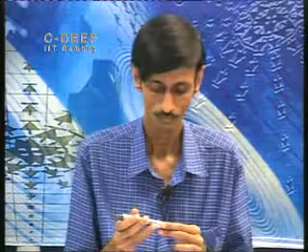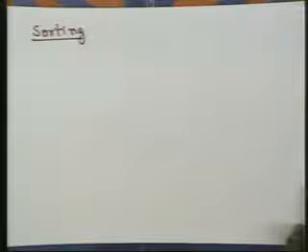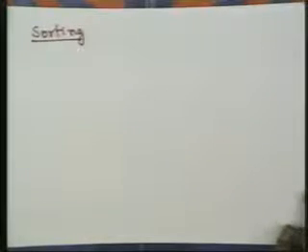So the next problem we're going to consider should be very familiar to all of us. It's sorting. Only we are going to look at it now from the new design principles that we have learned, and we are going to try and apply them to sorting. So let's take the simplest case.